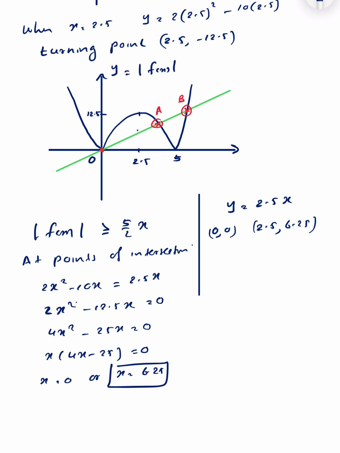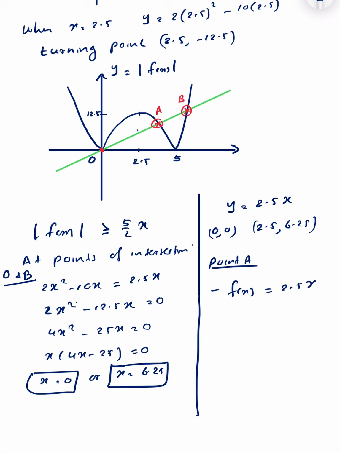So these are the x coordinates of O and point B. At point A, we could say the reflection of f(x), which is minus of f(x), being equal to 2.5x.